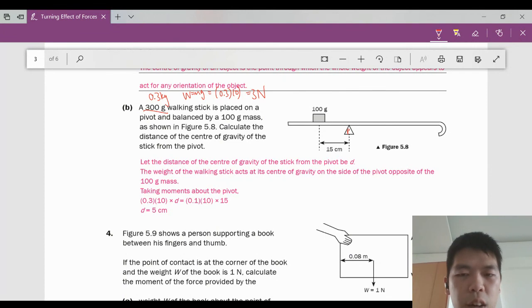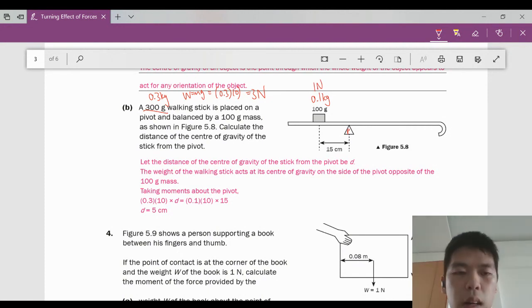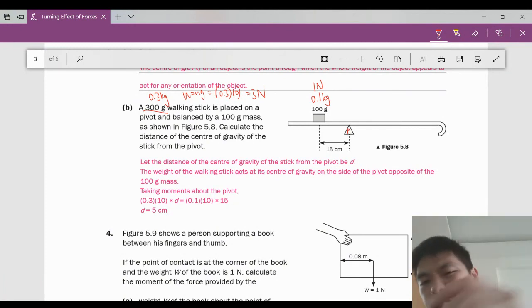It's balanced by a 100 gram mass. So your 100 gram mass is 0.1 kg or is 1 newton. Calculate the distance of the center of gravity of the stick from the pivot. So let's draw it out first. So this object has a weight. Okay. This walking stick is balanced by 100 grams.